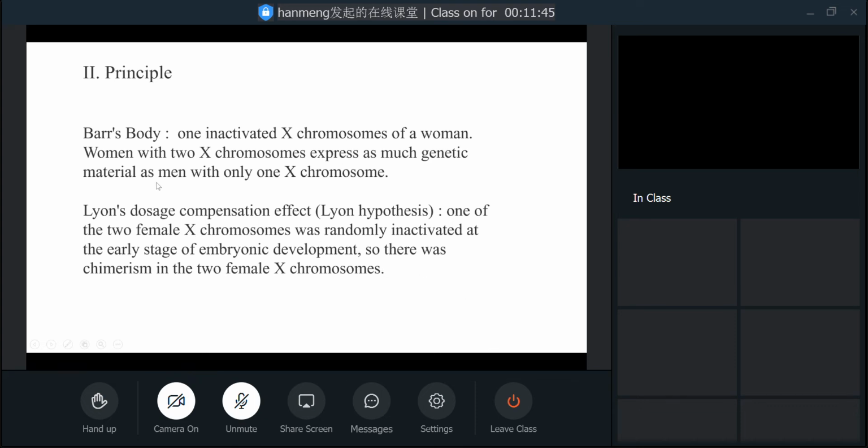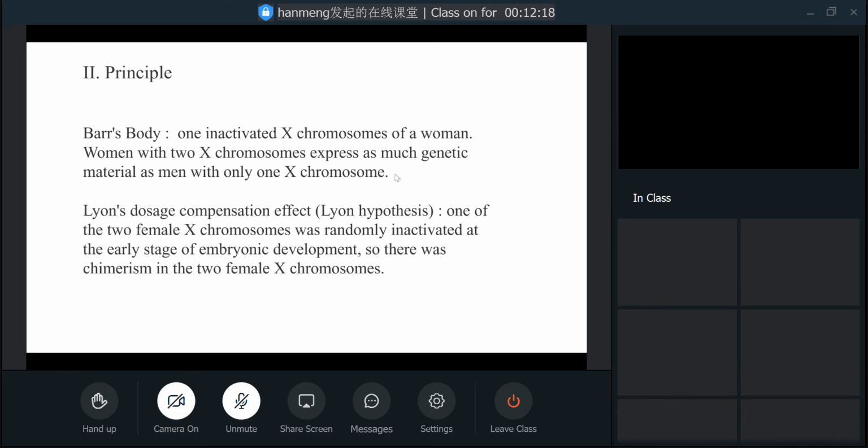First, what is a Barr body? Because we should learn to observe the Barr body. The Barr body is one inactivated X chromosome of a woman. Women with two X chromosomes express as much genetic material as men with only one X chromosome. It is a common phenomenon. But why?